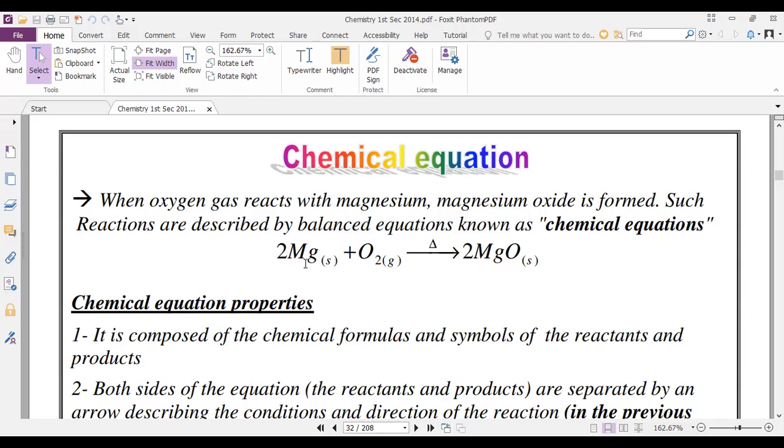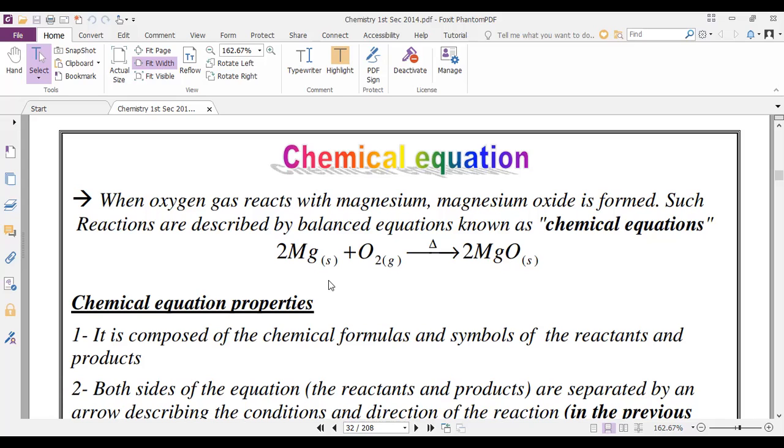But magnesium is in the solid state, so we can't write 2 below Mg. Mg2 only is wrong. We must write 2 Mg.